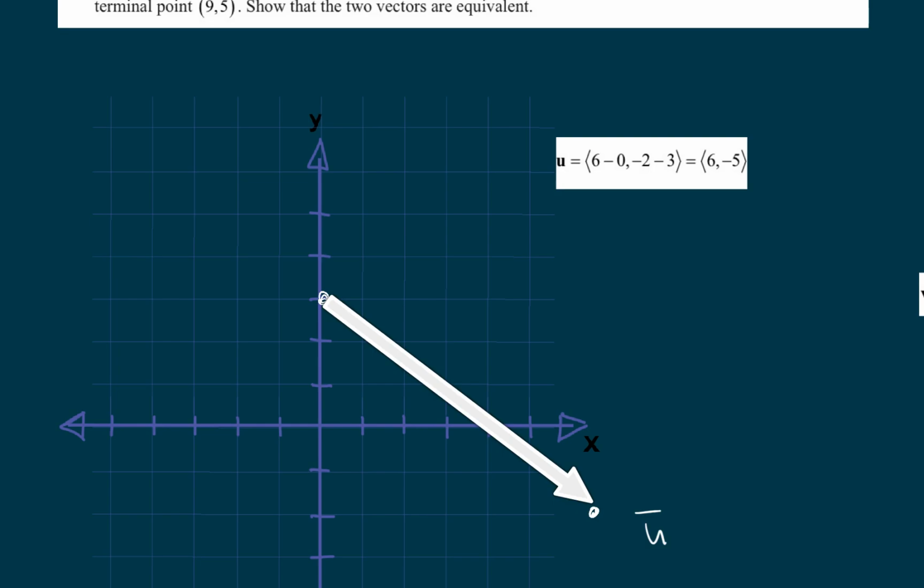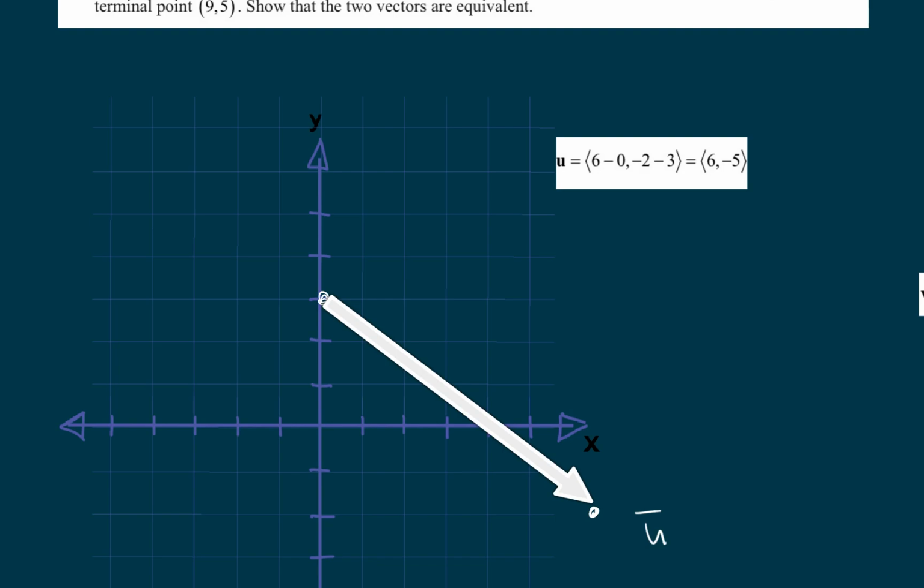Next step, we find v. If v has the same components, 6, minus 5, it means that it has the same direction and the same magnitude. By Pythagoras' theorem, the magnitude of this vector is 6 squared plus 5 squared.